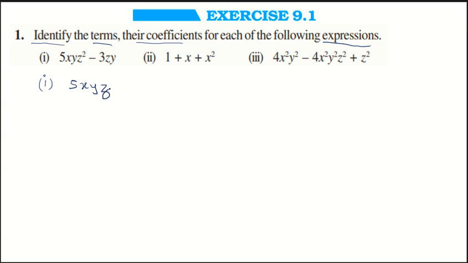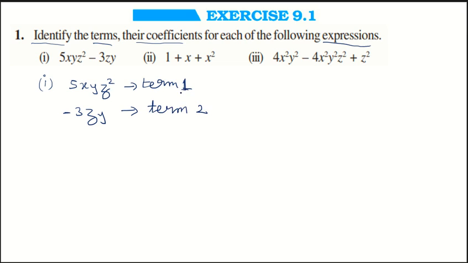5x y z square is one term and second, 3 zy with the negative sign is the second term.